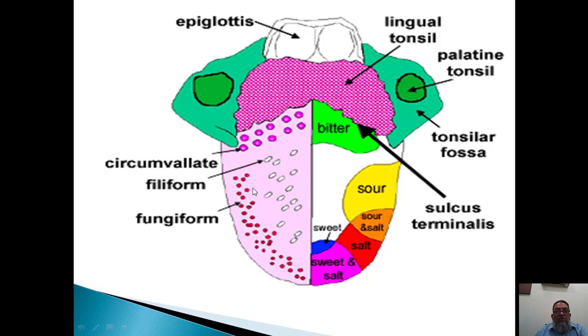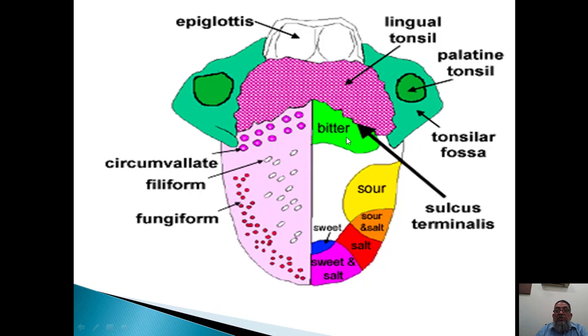Circumvallate papillae are mostly close to the sulcus terminalis, the middle part of the tongue is covered by filiform papillae, and at the margin you see fungiform papillae.